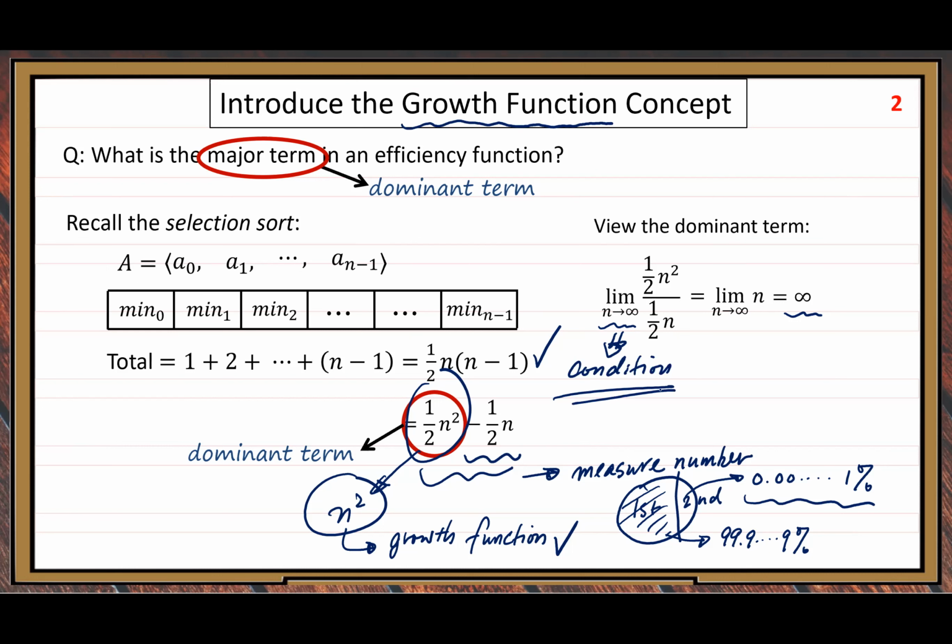Here, in order to convince you completely, I need to make another argument about n going to infinity. That is the most important thing we are looking at: when n is very large, larger and larger, we worry about that part.